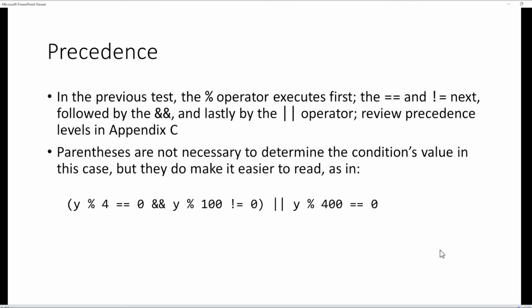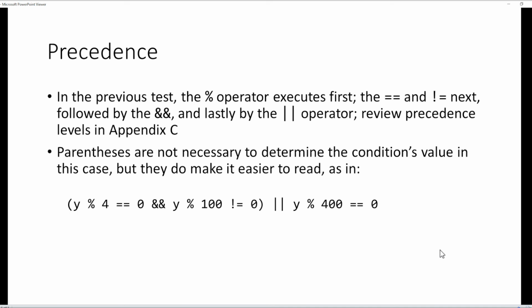We now do Y mod 100. 2000 mod 100 returns a remainder of 0. 0 not equal 0 is false. So we have inside the parentheses true and false. Overall result, false. Left-hand side of the OR operator, false. Because it's short circuit evaluation, we cannot determine the overall result of an OR just from the left-hand side when the left-hand side is false.